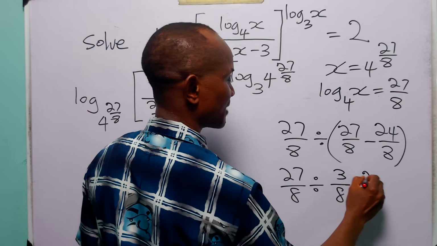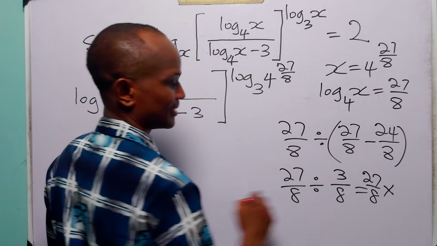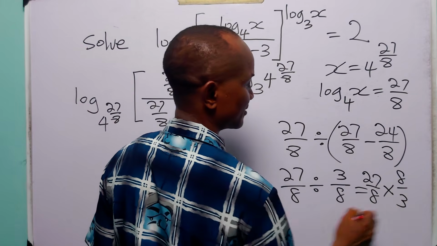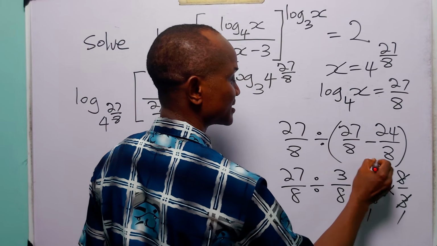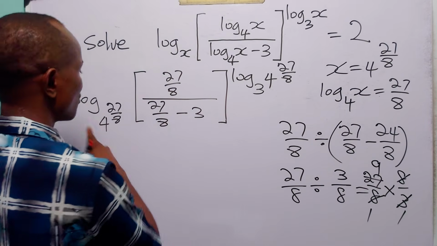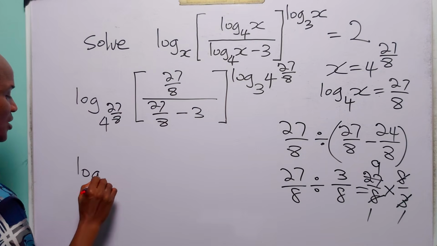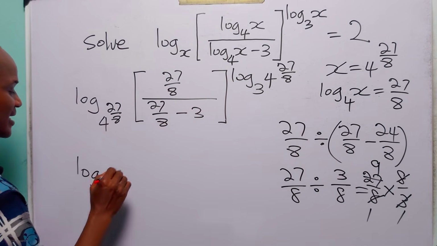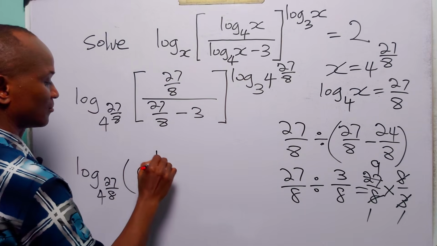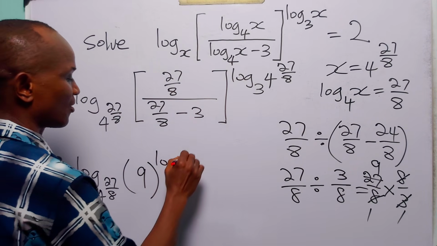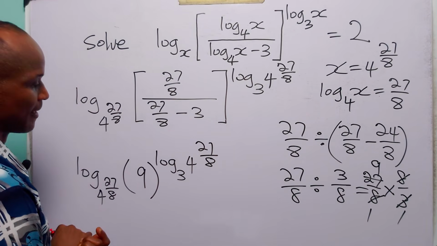Of course, this is the same as 27 over 8 times, we turn this upside down and we have 8 over 3. 8 into 8 is 1. 3 into 27 is 9. So we can write this as log to base 4 to the power 27 over 8 of 9 to the power log to base 3 of 4 to the power 27 over 8.